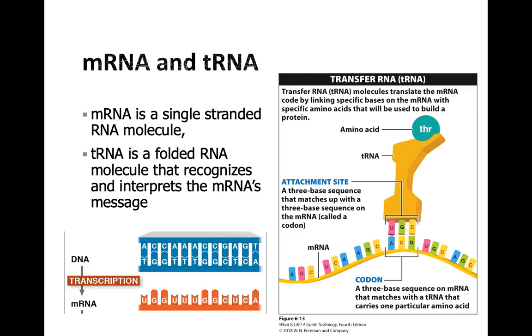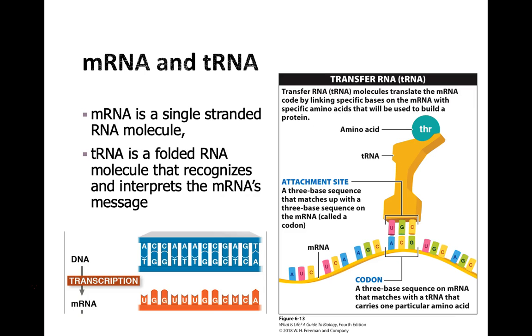There are a couple of really important RNA molecules in the cell. One is messenger RNA. Now, messenger RNA is a single-stranded RNA molecule. Remember that I said that RNA contains uracil instead of thymine. And then we also have transfer RNA. Now, transfer RNA is also a single-stranded RNA molecule, but it's not linear like messenger RNA.